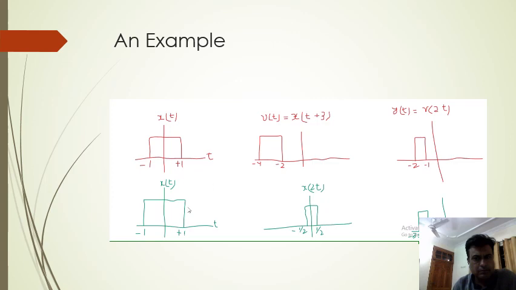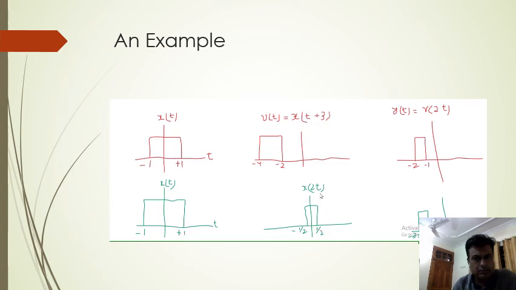Now let's see in the bottom diagram, where we performed these two operations in the opposite order. First, from x of t, which was again non-zero between -1 and +1, we generated a signal x of 2t. Using the same method, we put 2t equal to -1, so t is equal to -half. Similarly, when 2t is +1, t is equal to +1/2.